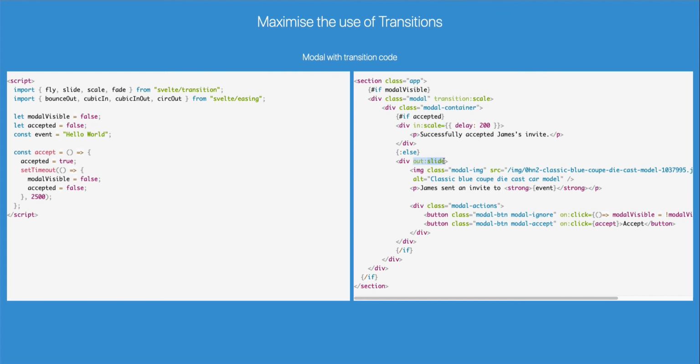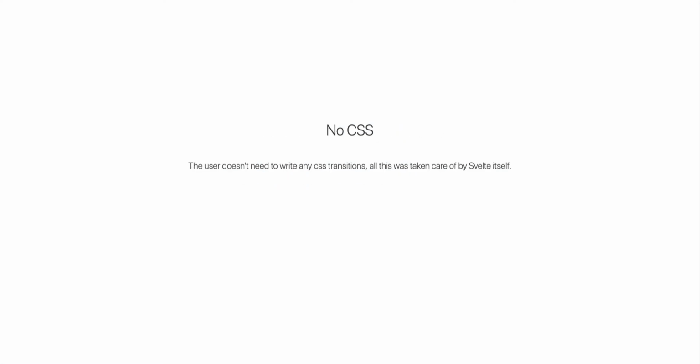For this one, we're saying when the item's getting removed, we want it to slide out, right? So yeah, absolutely no CSS is required to create any of these transitions. All you have to do is apply the transition to a DOM element and wrap the element in an if tag with a state that is waiting to be changed.